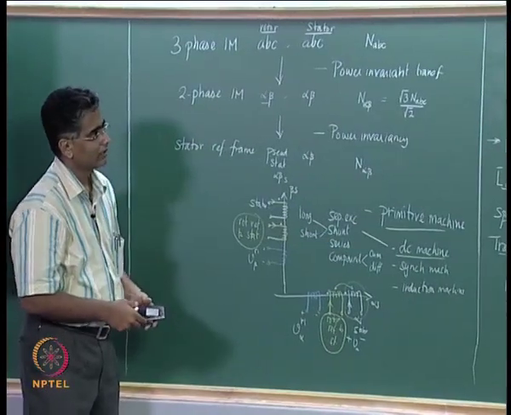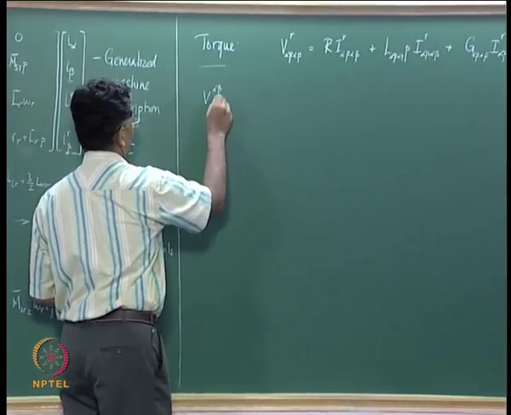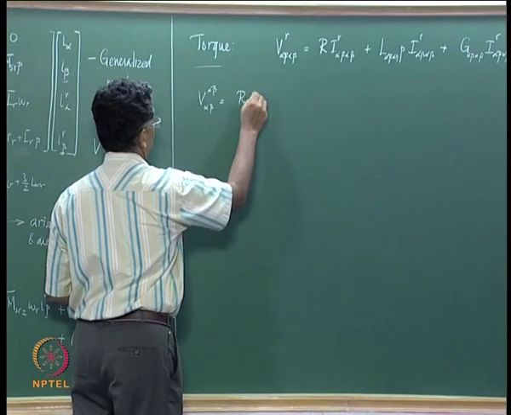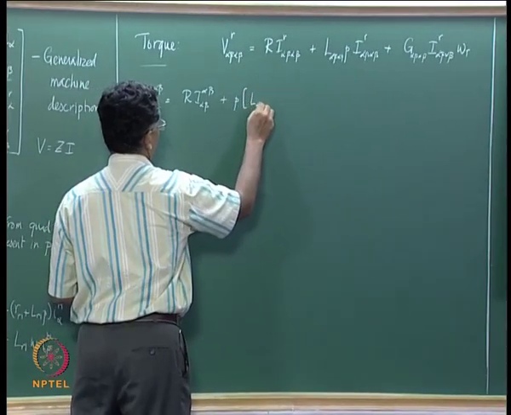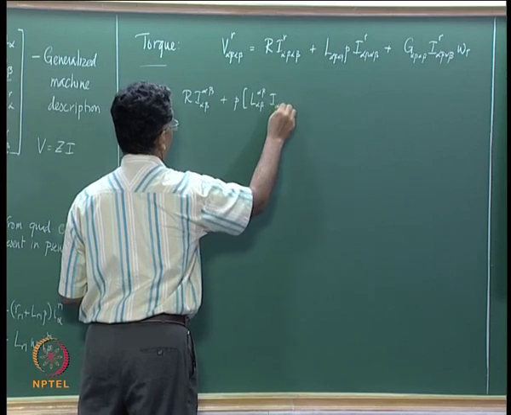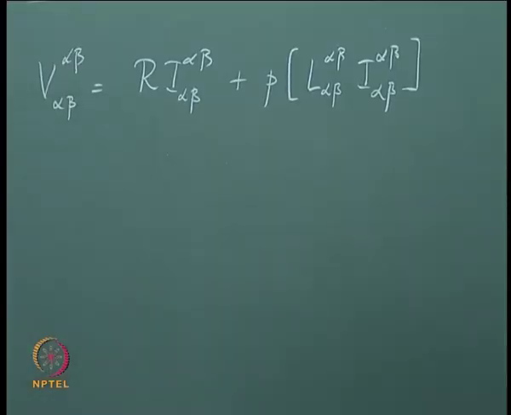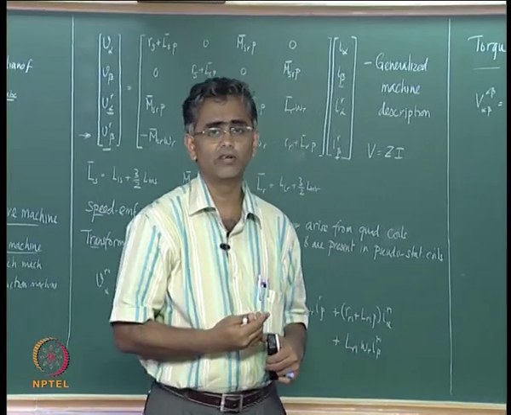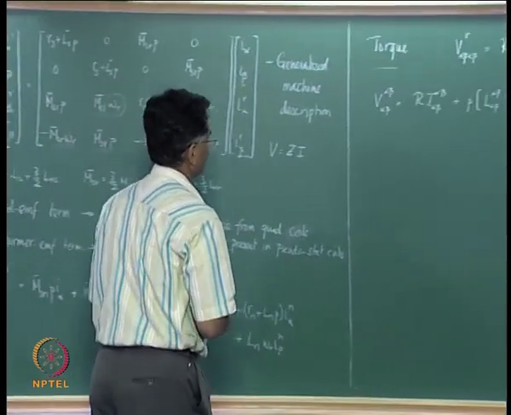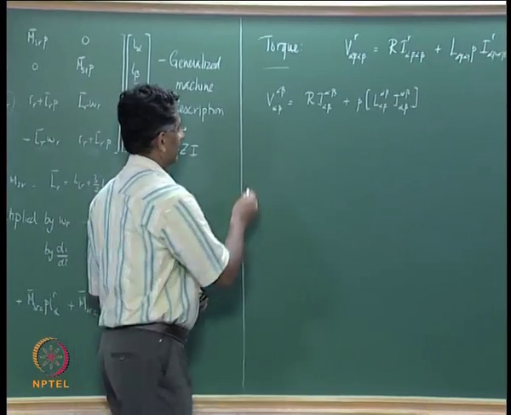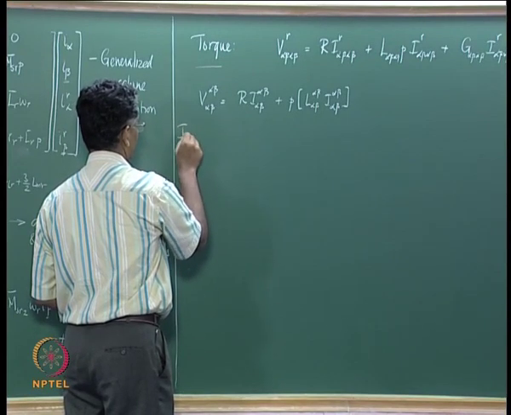We started out with an expression which looks like this: V alpha beta equals R into I alpha beta plus P of L alpha beta into I. This was the machine description with which we started out, and starting from our basic definitions, the way we derived the electromagnetic generated torque, you would remember that in order to derive this expression, you consider the input power.